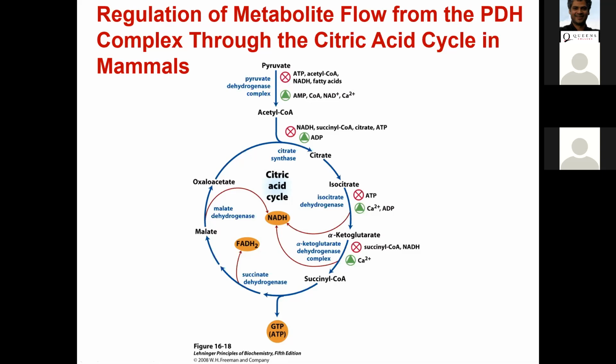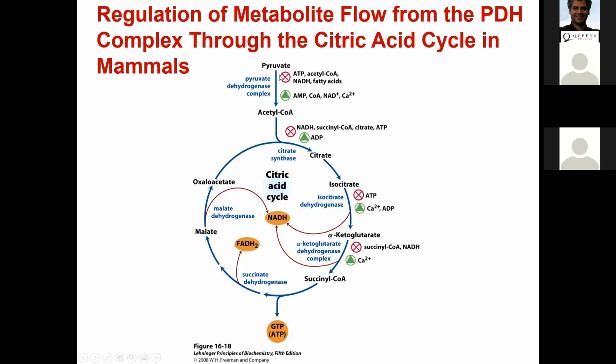So you can see that pyruvate dehydrogenase complex is allosterically inhibited whenever the ratio of ATP to ADP, NADH to NAD plus, and acetyl-CoA to CoA are high, right? That will suggest an energy sufficient metabolic state, is it not?